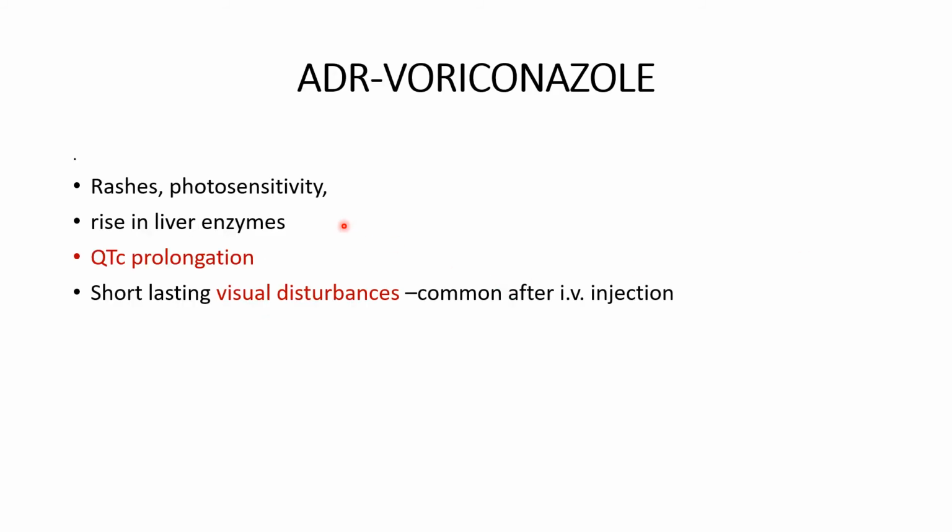The adverse reactions of voriconazole are rashes, photosensitivity, rise in liver enzymes. It can cause QTc prolongation, and visual disturbances can occur after IV injection, which is short lasting.